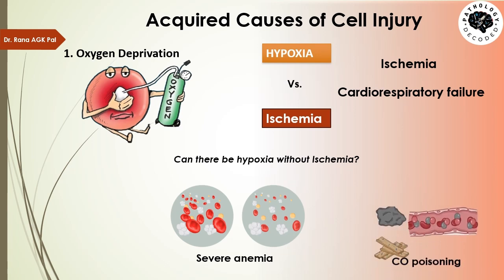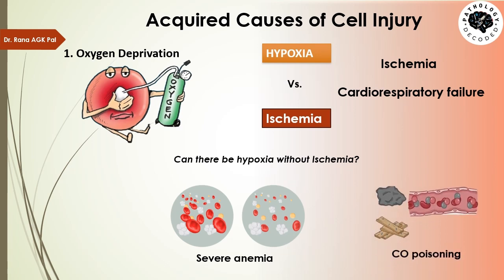Then we have another condition known as carbon monoxide poisoning. Carbon monoxide is produced whenever there is burning of things like wood or coal. Carbon monoxide has a special ability by which it is able to bind irreversibly to the RBCs. It basically binds to the hemoglobin, and this irreversible binding leaves no place for oxygen to bind to the hemoglobin.